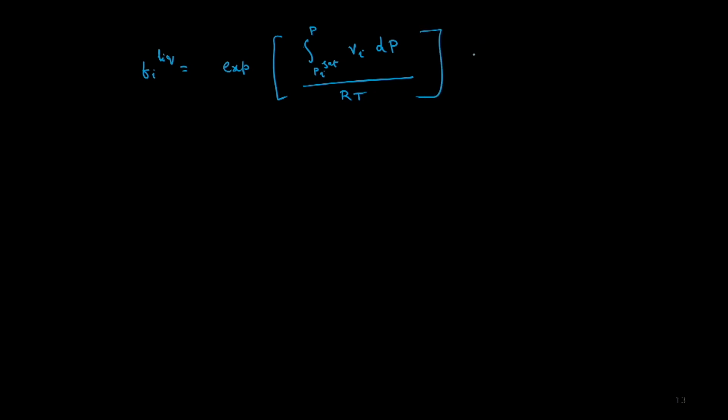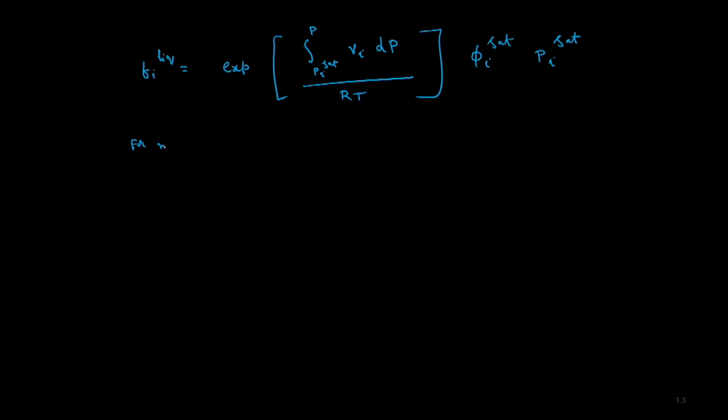So essentially that equation now boils down to Fi liquid is going to be exponential of integral Pi sat to P Vi dP over RT, times Phi sat times Pi sat. The vapor pressure multiplied with the fugacity coefficient at the saturation condition multiplied with the exponential term in here.